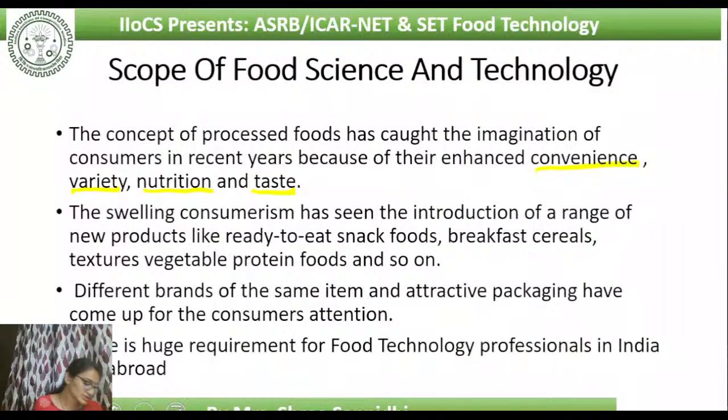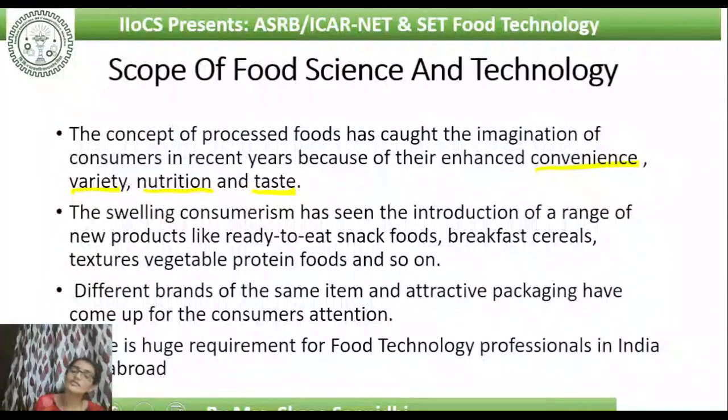The swelling consumerism has seen the introduction of a range of new products like ready to eat snack foods, breakfast cereals, textured vegetable protein, and so on. All these are convenient foods. In the present generation, people do not have enough time to cook their food.